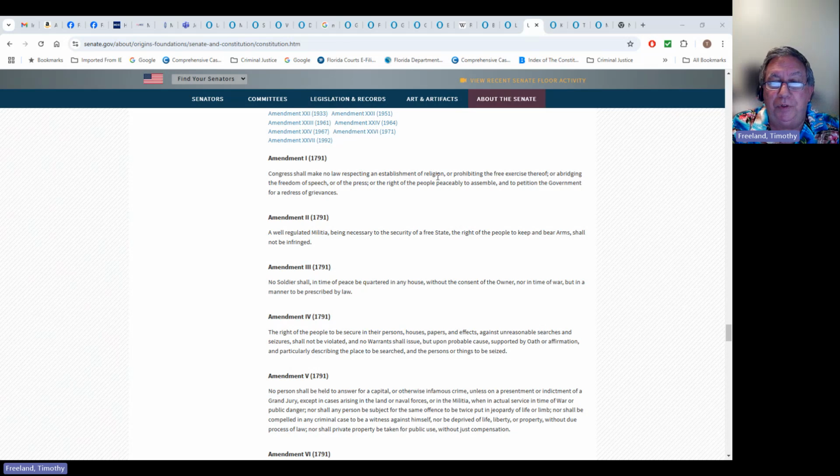So let's start with the right to freedom of religion. This right was discussed by Thomas Jefferson, and his description of it was that this effectively places a wall of separation between church and state.